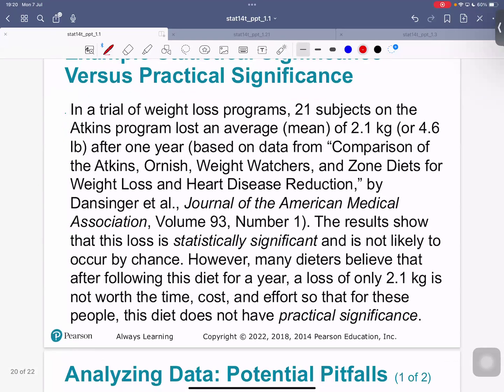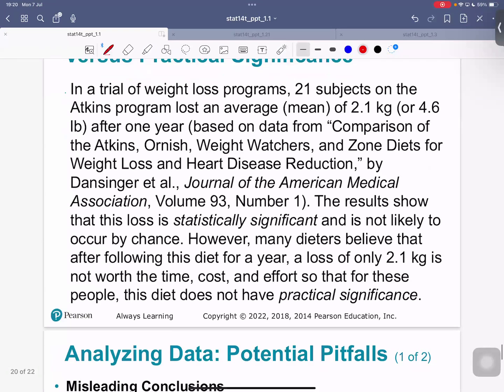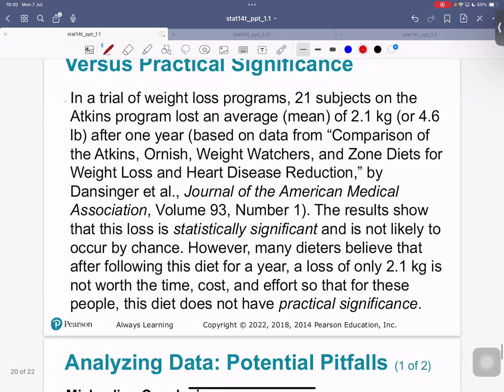The results show that this loss is statistically significant and is not likely to occur by chance, right? Of course, in this case, it is about weight loss and heart disease reduction.